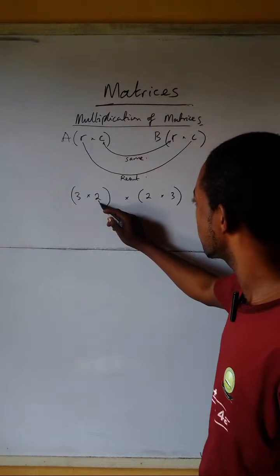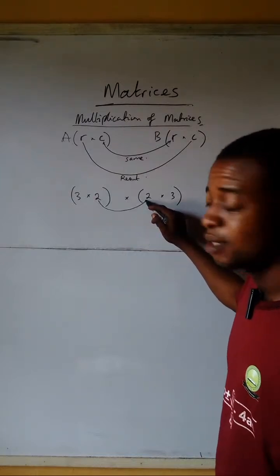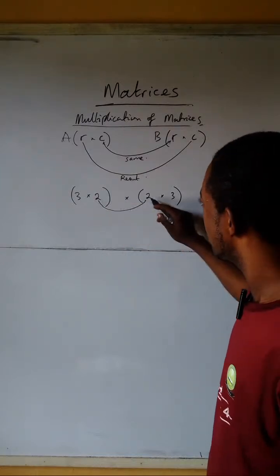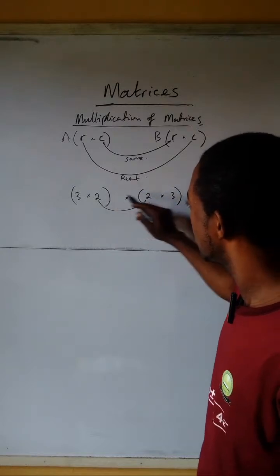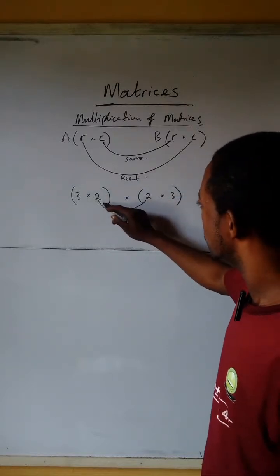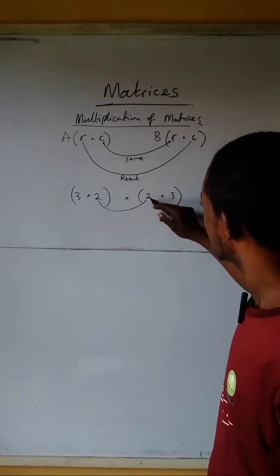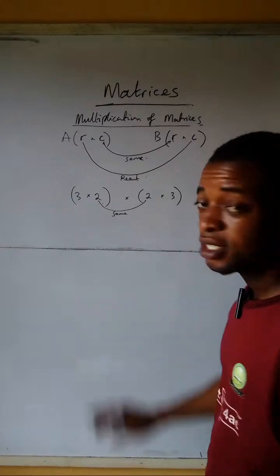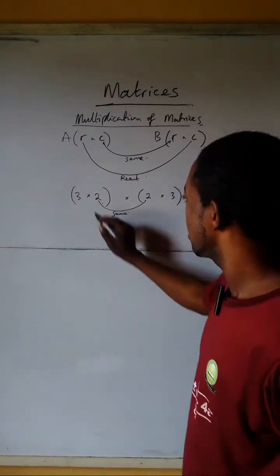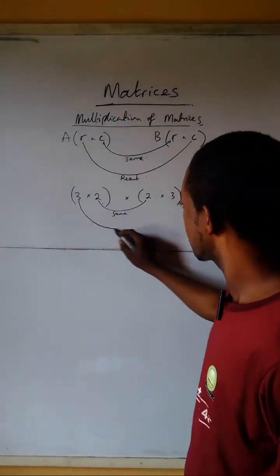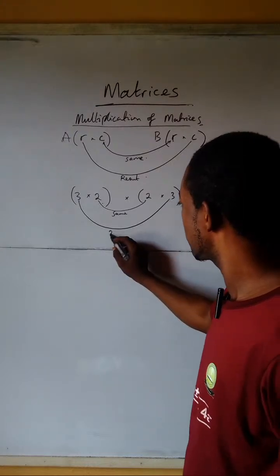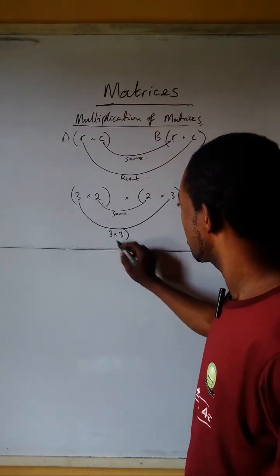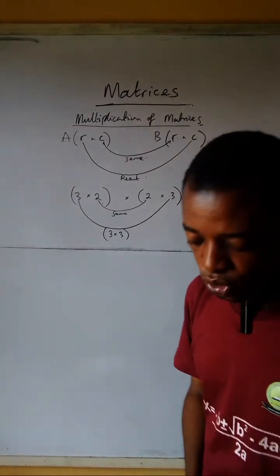So here we have 2, 2, making it the same. So we have the same number for the column of the first matrix and the row of the second matrix, they are the same. So this confirms that the two matrices there can be multiplied. Then the result will be a 3 by 3 matrix. So those are some facts that we should establish.